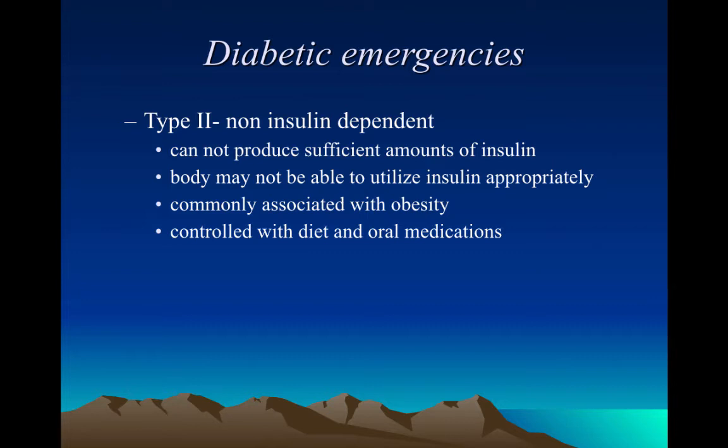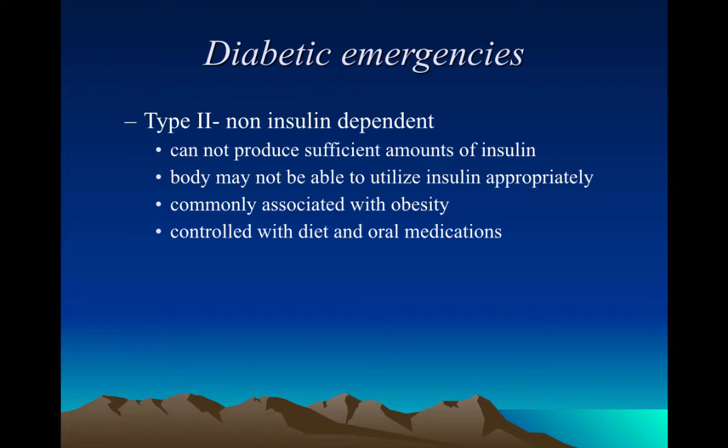These folks don't produce sufficient amounts of insulin, or another thought is that they produce sufficient amounts of insulin relative to where they were, but for instance, they've become so obese that the same amount of insulin is being produced, but it's not sufficient to fuel all the new cells that are there.